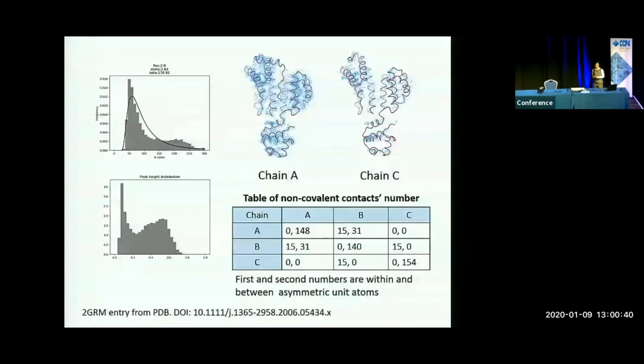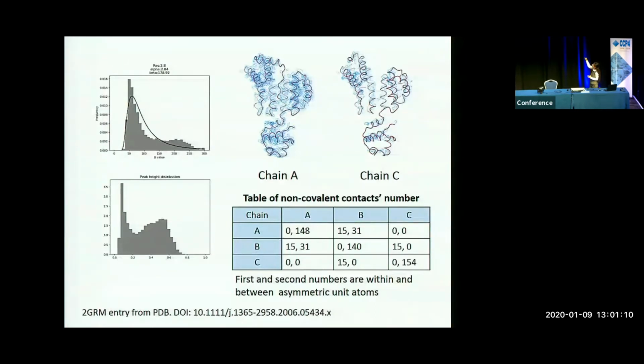Here's an example of a structure with three chains, A, B, and C. A and B chains are identical, and as you can see from the table, they have many non-covalent interactions between them, and the C chain is more independent.